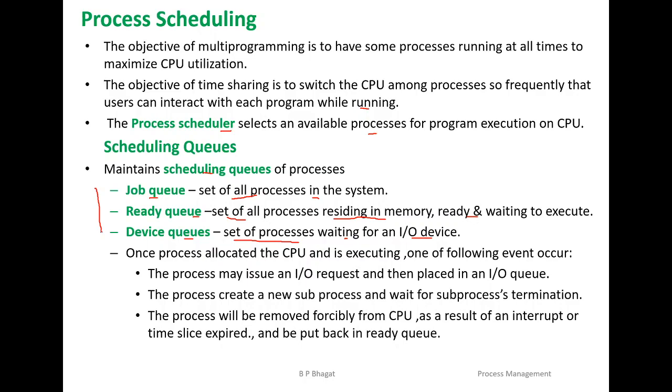The process may be forcefully removed from the CPU as a result of an interrupt or the time slice expiring, and again put into the ready queue. So in any of these situations, the process goes into the wait state, completes its task and is again ready, going into the ready queue.